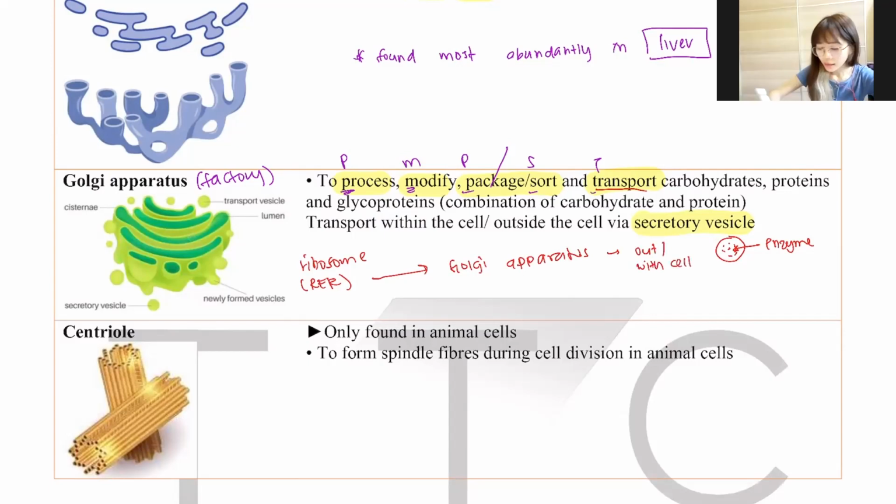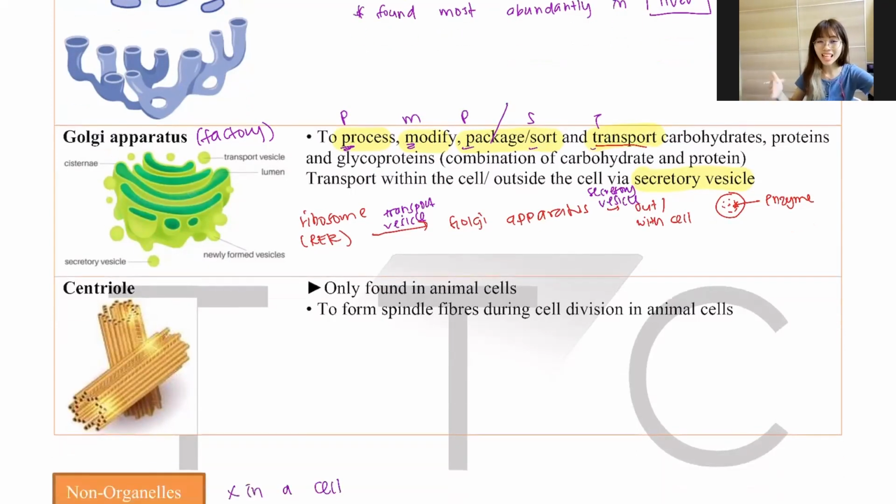So from the rough ER to the Golgi apparatus, what do you use? You use a transport vesicle. When the Golgi apparatus transports out or is used within the cell, they will use secretory vesicle. So that's why it's important for you to know who is the transporter. Okay. So the last one is what?